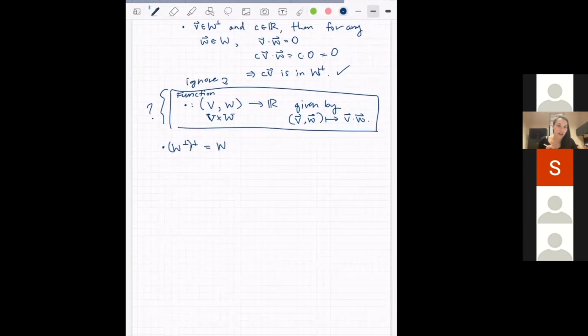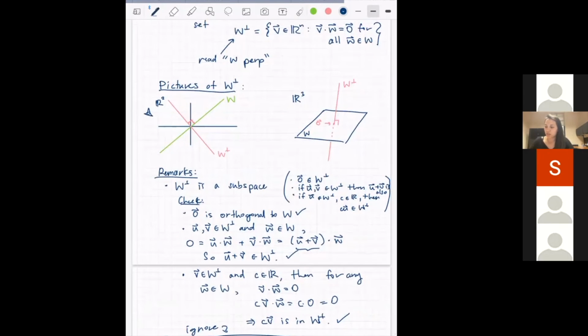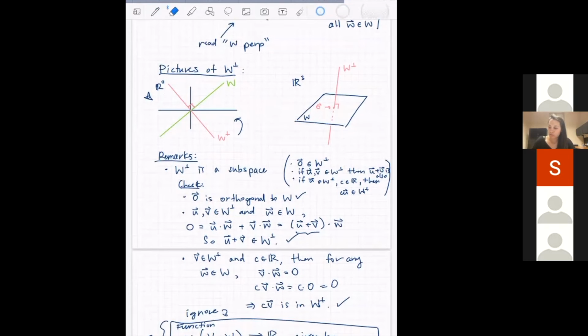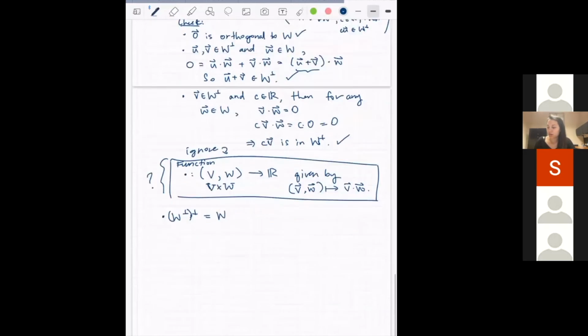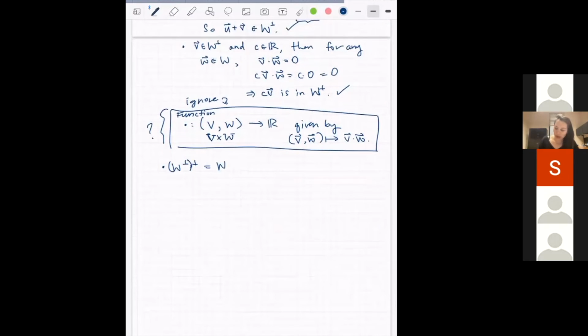Okay, so we do have that W perp perp is equal to W, which makes sense if we look at our pictures. We look at everything perpendicular to W, and then everything perpendicular to W perp, we get back to W, right? So we won't prove that, but that is going to be a property that we can use.